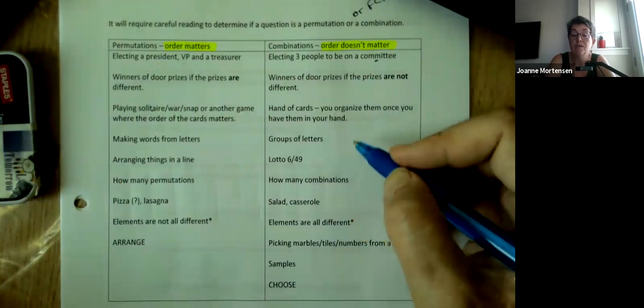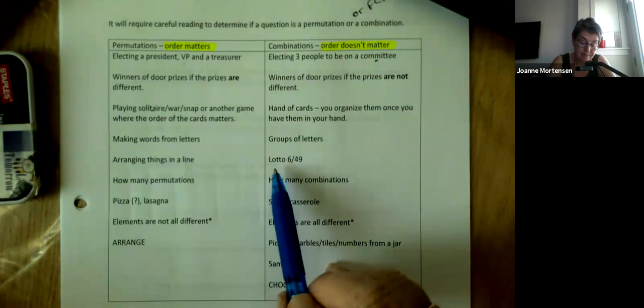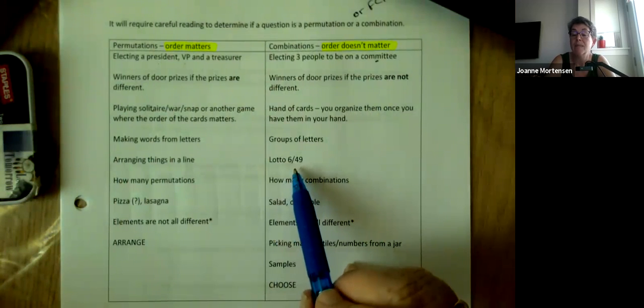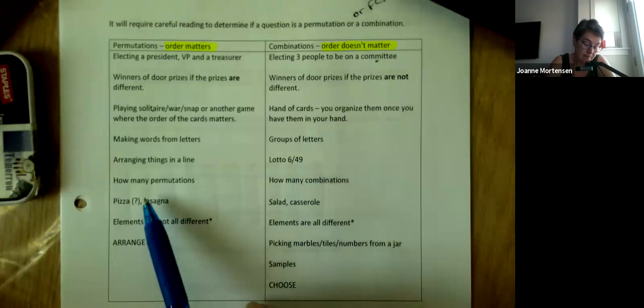If it just says how many groups of letters, if you're talking about a group, order doesn't matter. Lotto 649 is a combination because it doesn't matter which order you pick your numbers, as long as they match, then you're rich.